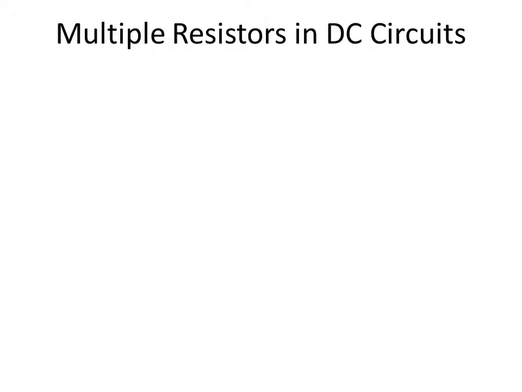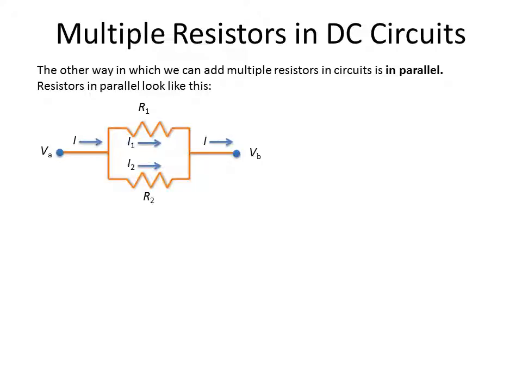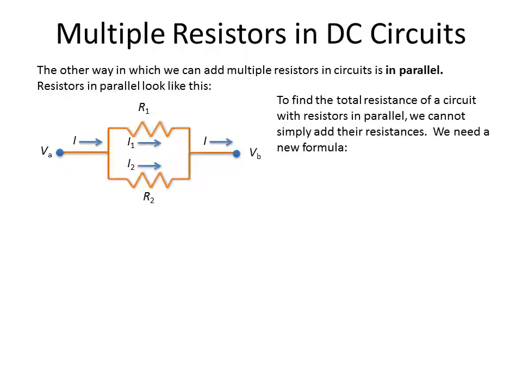Now, if we actually look into how to add resistors in parallel, it looks something like this. We start at one side of the circuit, we split, put one resistor in, combine back up, and on the other side, we come in after the split, and then eventually come back up again. And what we'll find is that we can't simply just add R1 and R2.